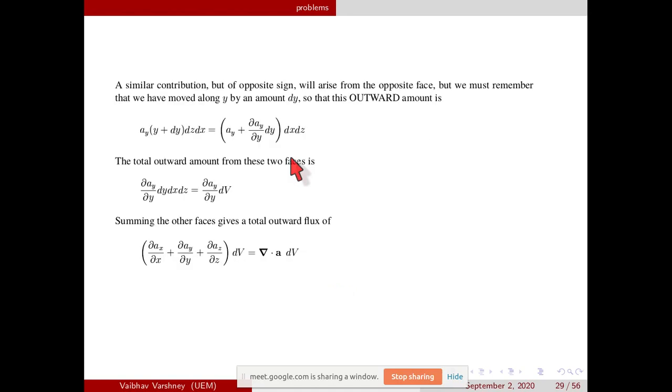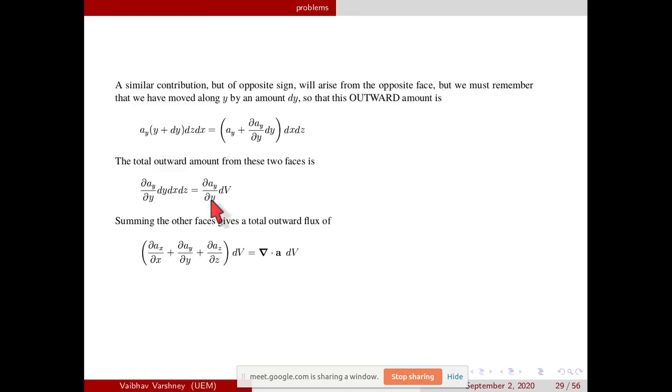If you add both of these terms, then this term will cancel out, because this one is negative plus positive, 0. So we will get only this whole term, del Ay upon del y, dx dy dz, and dx dy dz we can write as a volume element, dV. This point is clear? Yes. So this is the contribution from the xz plane, and we can get similar contributions from the other two planes.